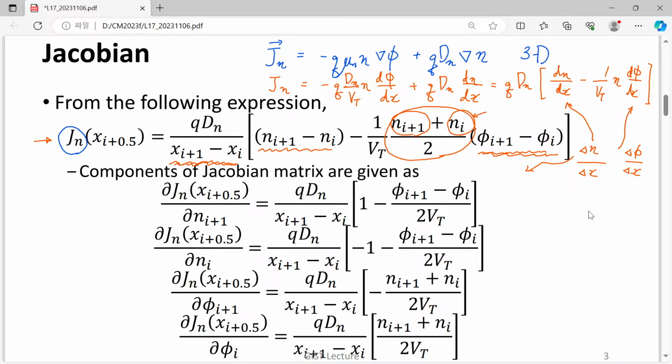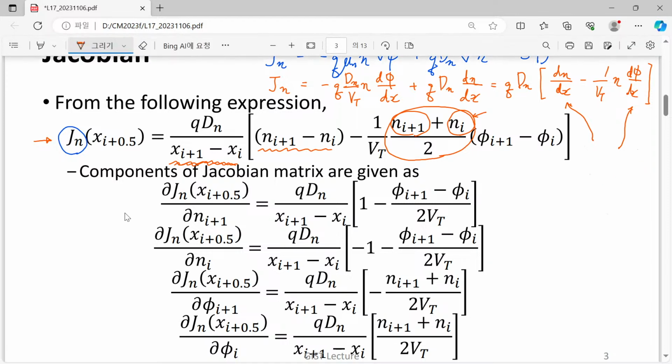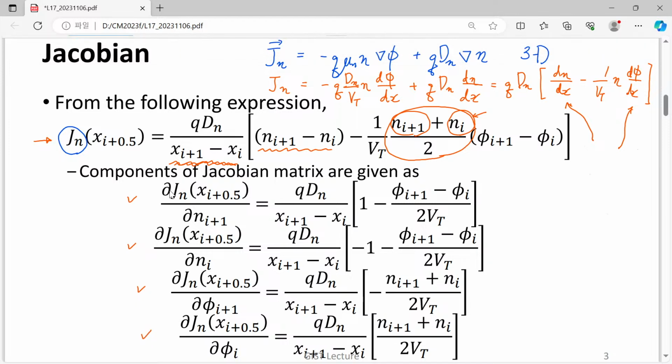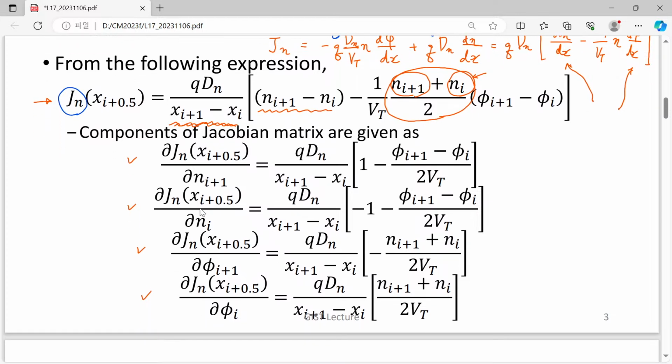Then what we can do is calculate many different components by taking partial differentiation. Maybe you remember what we have to do.